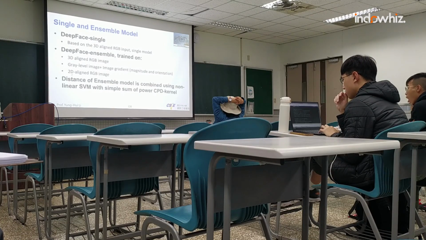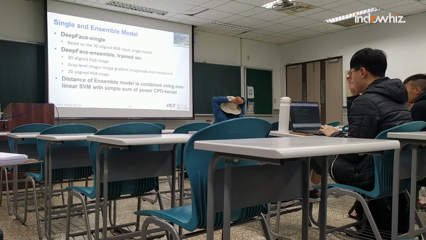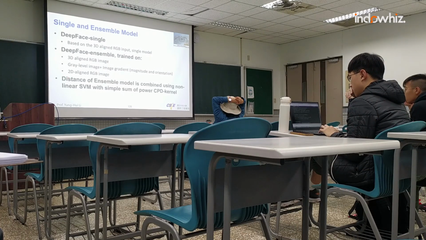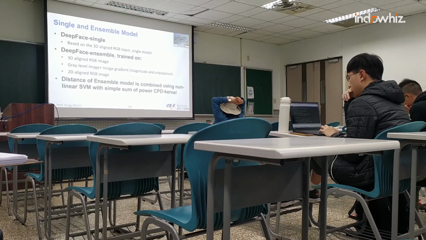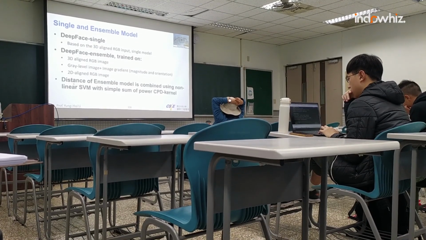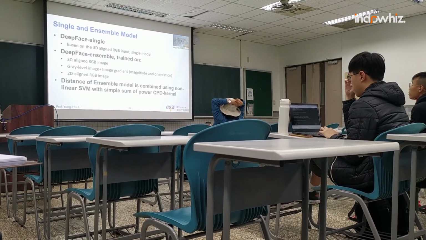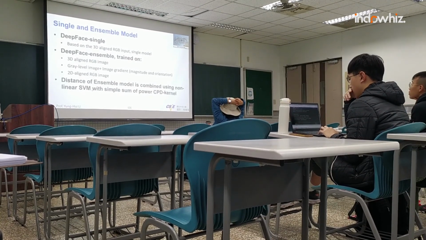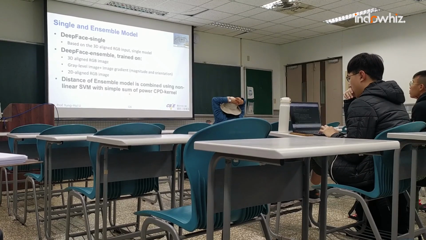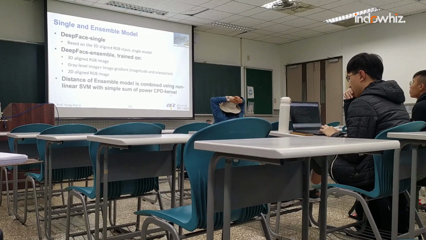If you have multiple models, during the testing stage you can input the image into these models, and they will each give a recognition result, and you can combine them using voting. So the distance of the ensemble model is combined using nonlinear SVM with a sum of powers CPD kernel.